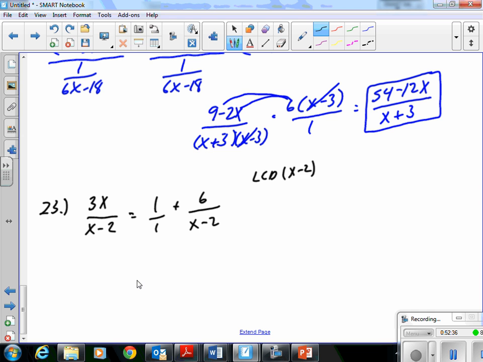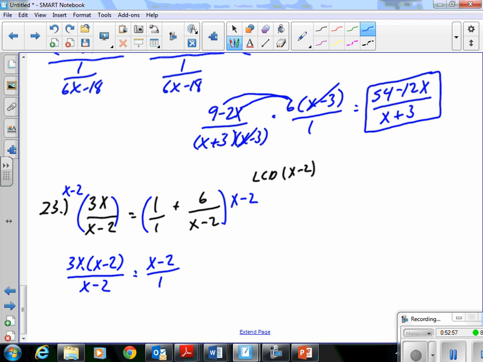So I'm going to take both sides of that equation now. I'm going to multiply them by x minus 2. So that's going to give me 3x times x minus 2 over x minus 2 equals x minus 2 over 1 plus 6 times x minus 2 over x minus 2, which then will allow me to cancel out x minus 2 over x minus 2 and x minus 2 over x minus 2.